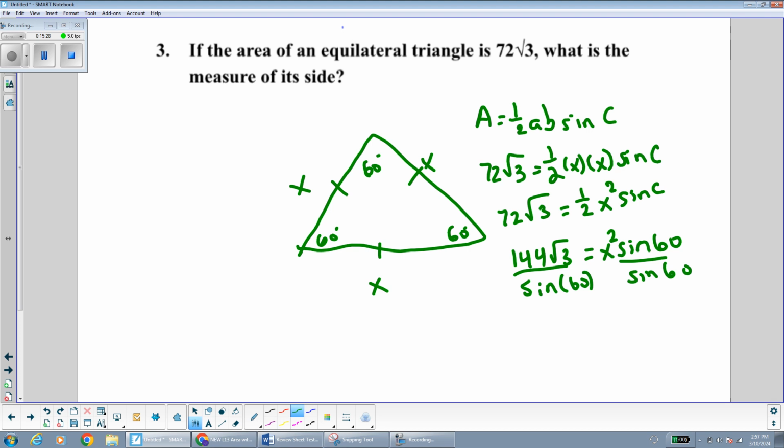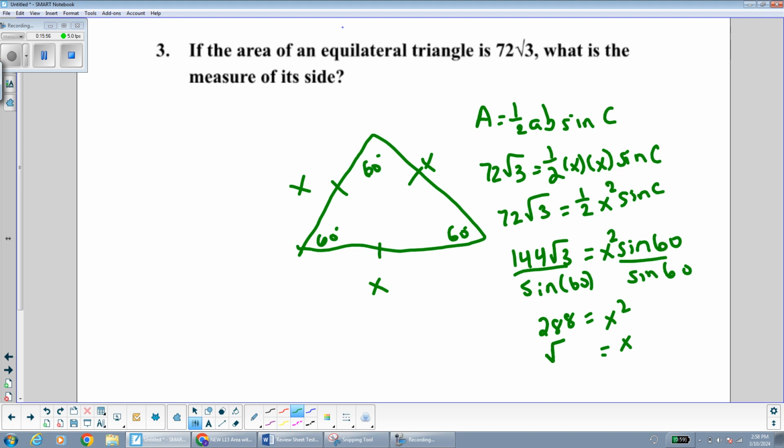I'm going to put that into my calculator. And that gives me a whole number that worked out very nicely, 288. And now I just need to take the square root of both sides. So I have that x is equal to radical 288.